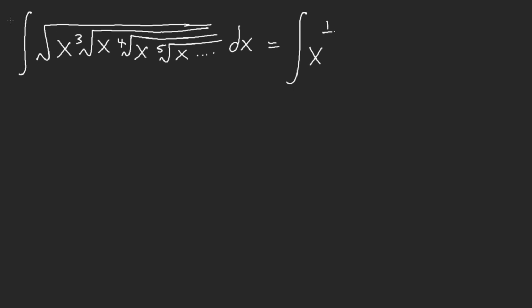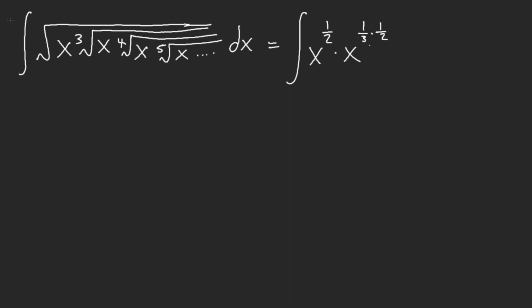We have 1/2, and then times x here. This is inside a cube root and a square root, so we have 1/2 times 1/3, because there's a cube root inside of a square root. So the exponents multiply.